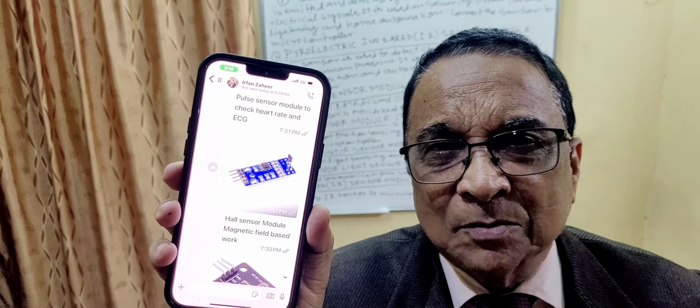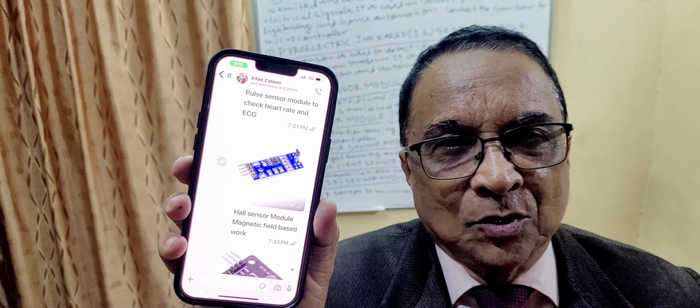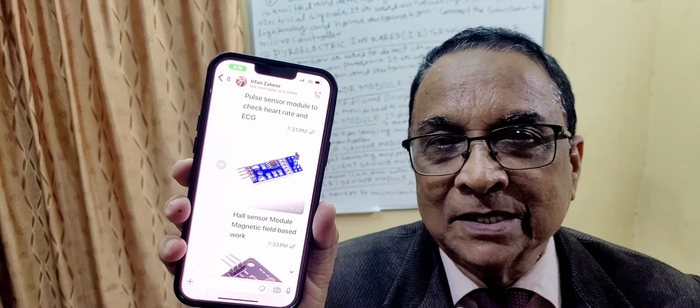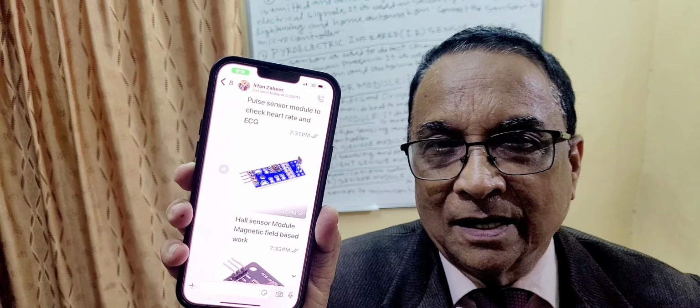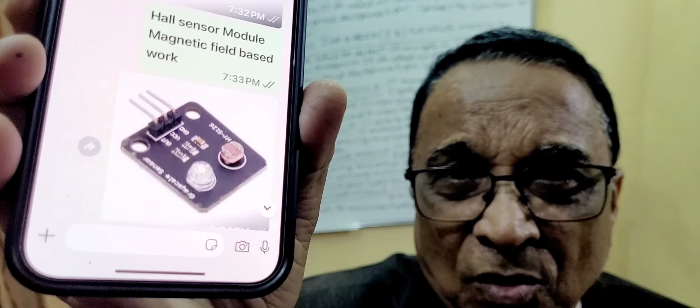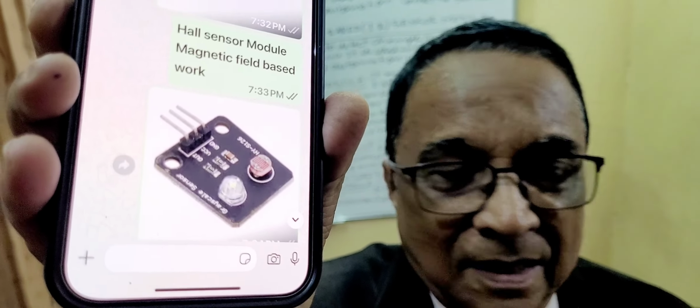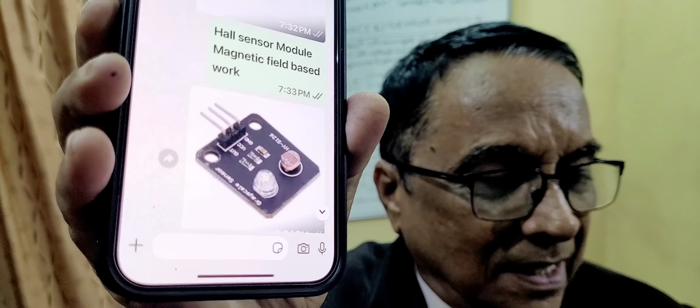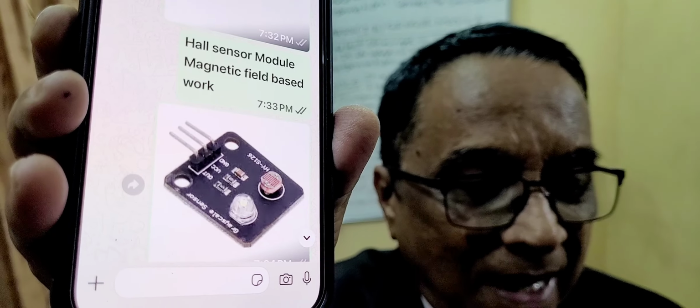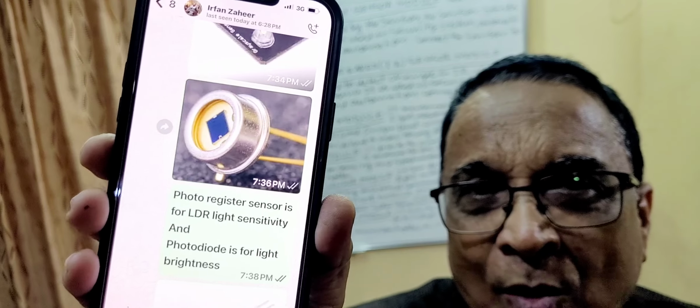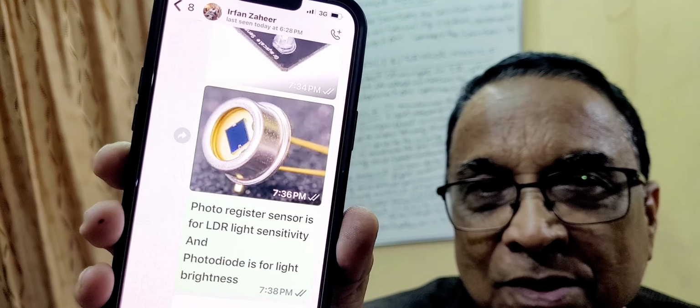It is the Hall sensor module, and the role of this module is that it can produce electromagnetic radiation, meaning that radiation will contain electric as well as magnetic property. It is your photoresistor, that is a sensor, an LDR, light sensitivity sensor. It is the photodiode sensor, which is used for light brightness.